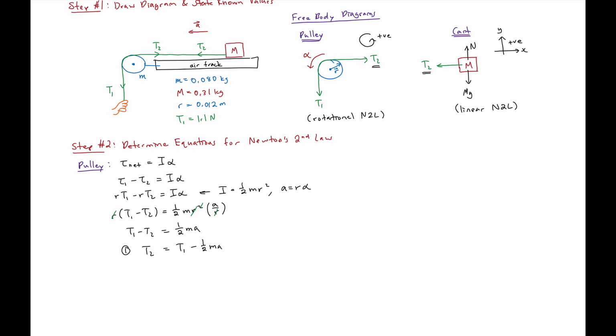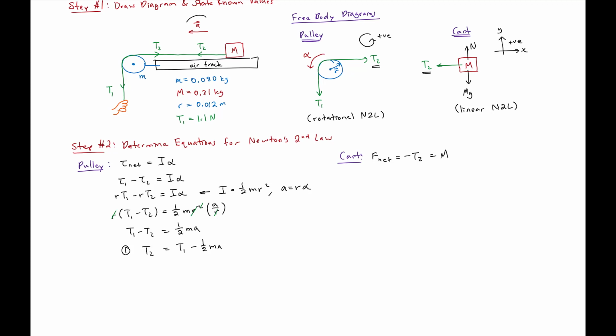Now let's take a look at the cart. With the cart, we have F net is equal to mass times acceleration. The net force acting on this is in the opposite direction of our positive coordinate system, so we have minus T2, and it's equal to the mass, which is capital M, times acceleration.